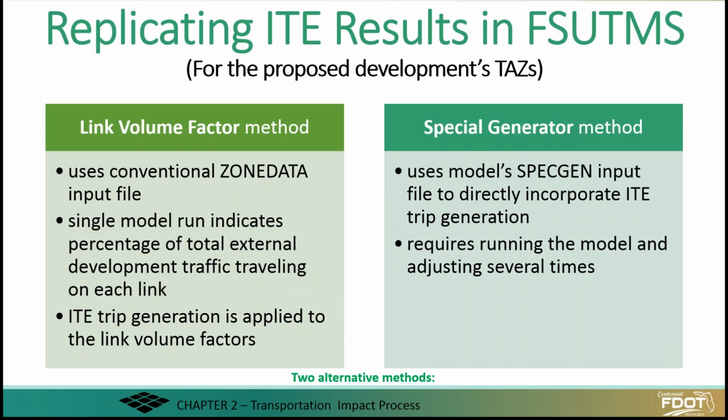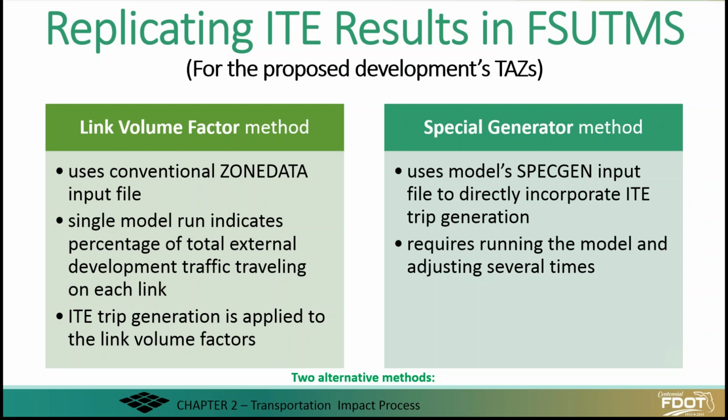With the link volume factor method, you use the FSUTMS model pretty much out of the box, and you will modify the zone data input file, which contains the population and employment data for the model, to be as similar to the characteristics of your project as possible. Since I mentioned earlier, the FSUTMS models discuss developments very generally and not very specific with respect to land use.